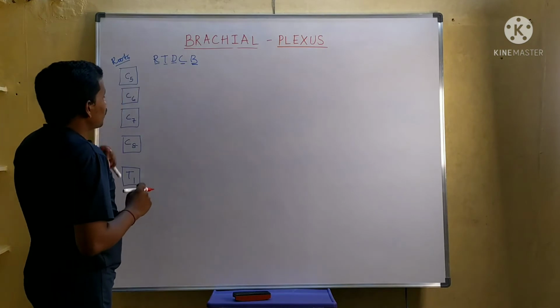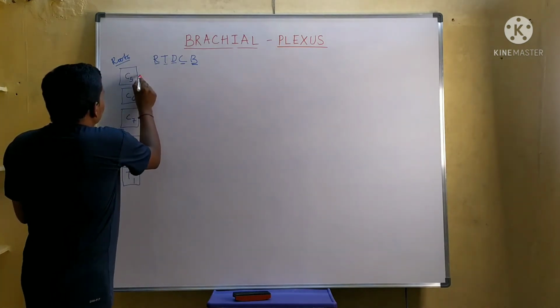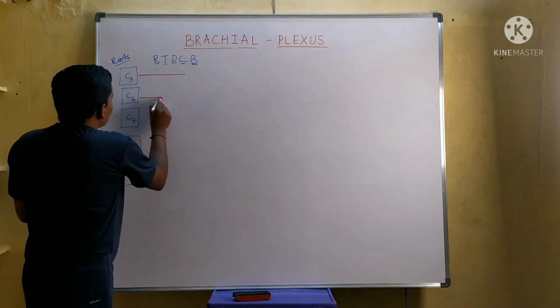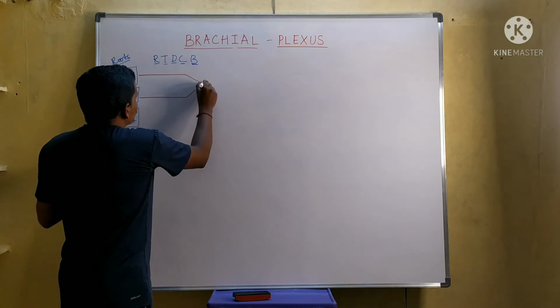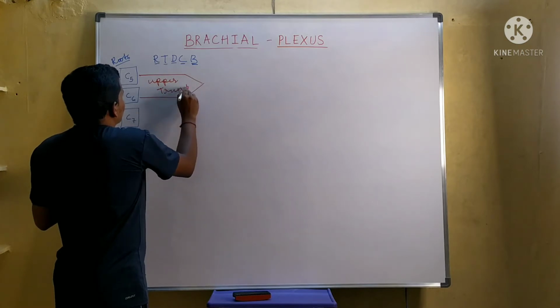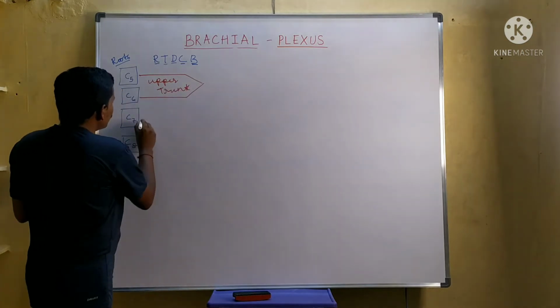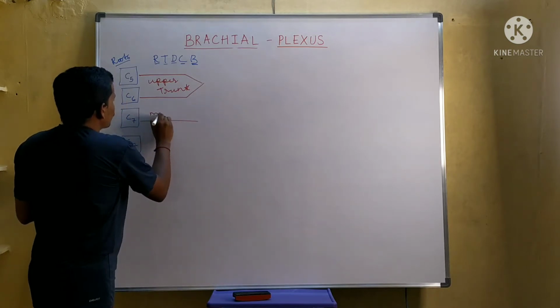Now how are the trunks formed? The C5 and C6 roots join to form the upper trunk, and the C7 root alone forms the middle trunk.